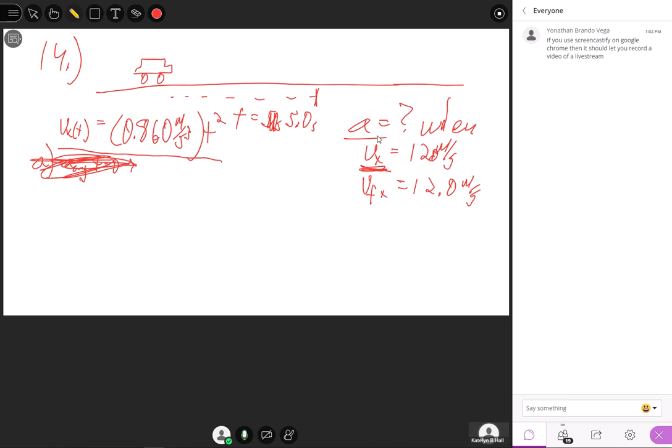Well, we're getting there. So what is the acceleration of the car when, notice, this is final velocity. Final velocity. Well, guys, what are we missing? Aren't we missing something here?